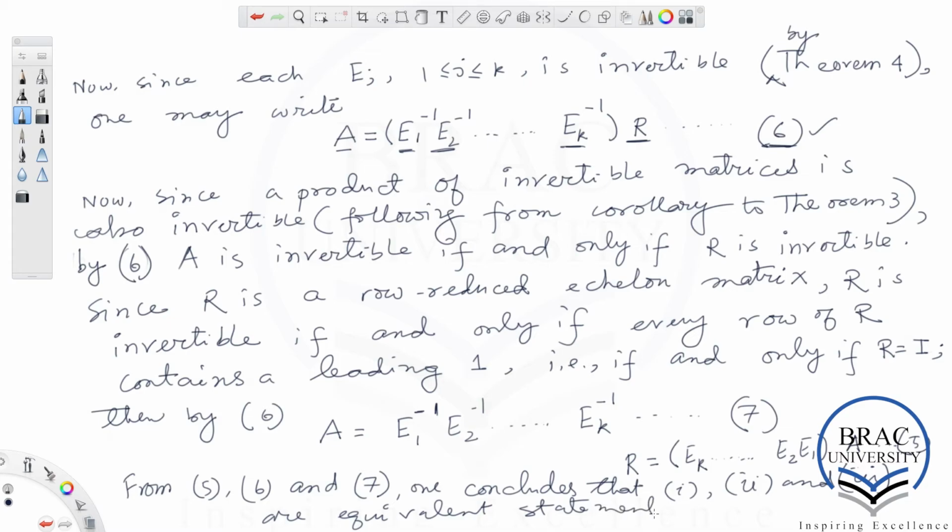So Roman 1 was A is invertible. So when you take A to be invertible, the only way you can have it is that R is invertible, and since R is a row reduced echelon matrix, the only way R can be an invertible row reduced echelon matrix is that R is equal to the identity matrix itself. And if this is the case, then A is equal to the product of these elementary matrices.